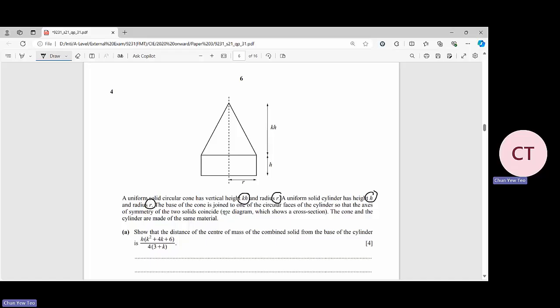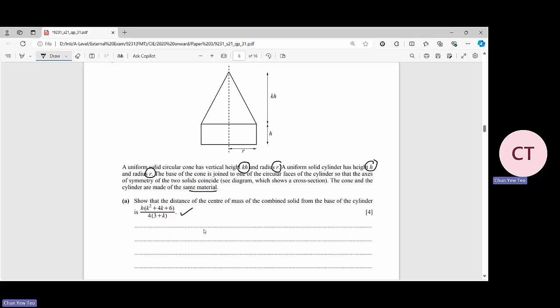The base of the cone is joined to one of the circular faces of the cylinder so that the axis of symmetry of the two solids coincide. The cone and the cylinder are made from the same material. That means they're having a same density. Show that the distance of the center of the mass of the combined solid from the base of the cylinder is h multiplied k squared plus 4k plus 6 over 4 multiplied 3 plus k.